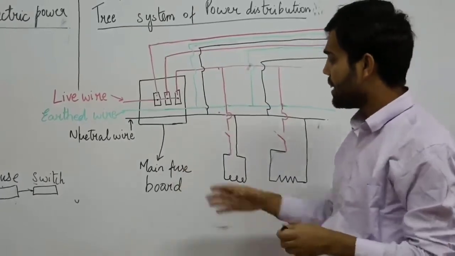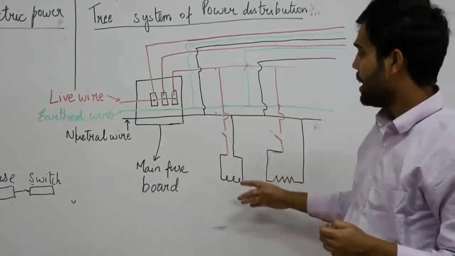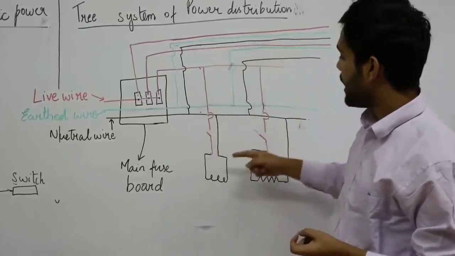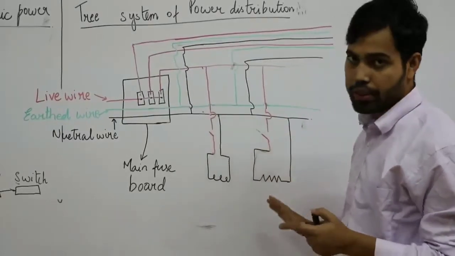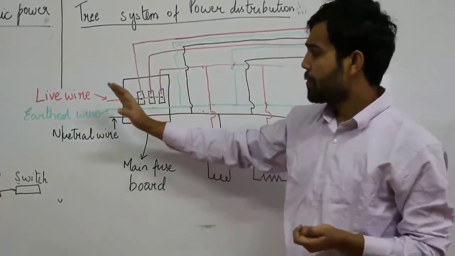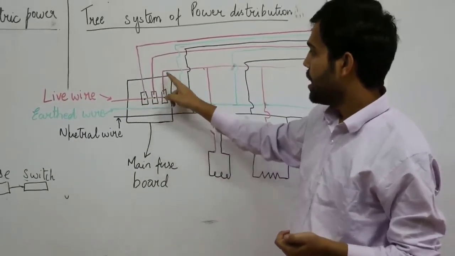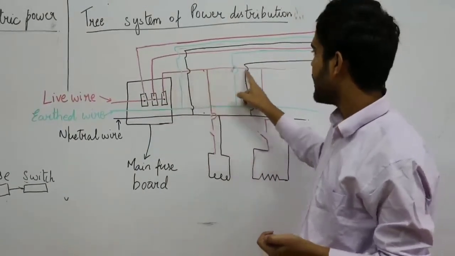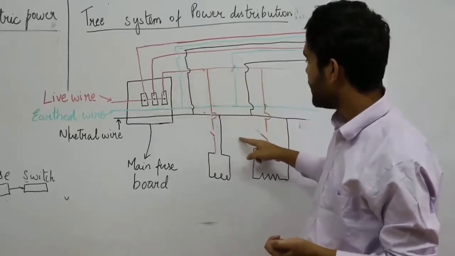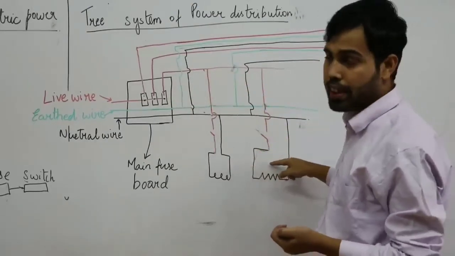So here I have taken an example where there are 3 rooms, and in a particular room there are 2 devices. From the main fuse I have taken a particular wire which is connected to this room, and in this room there are 2 devices.